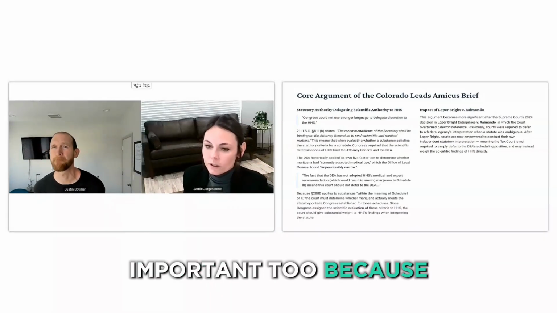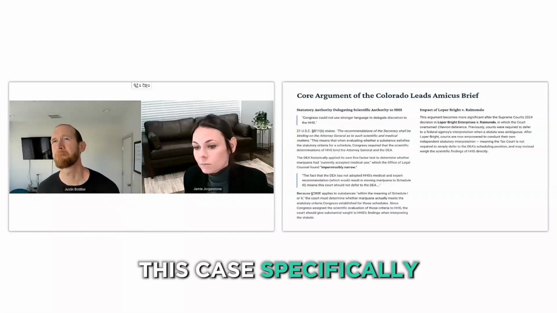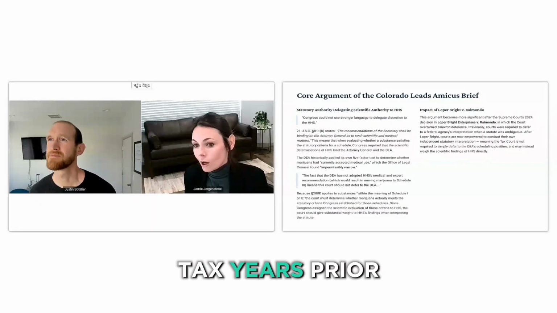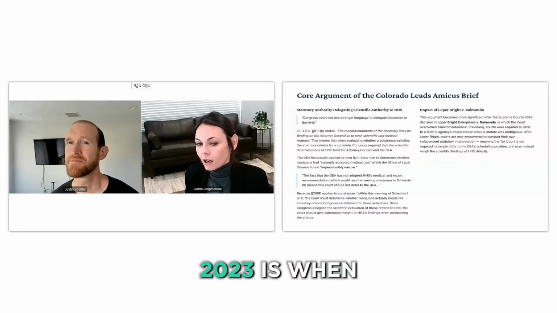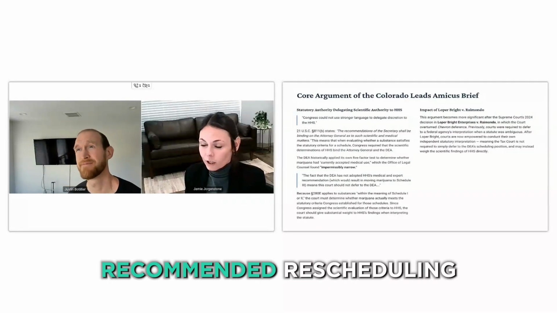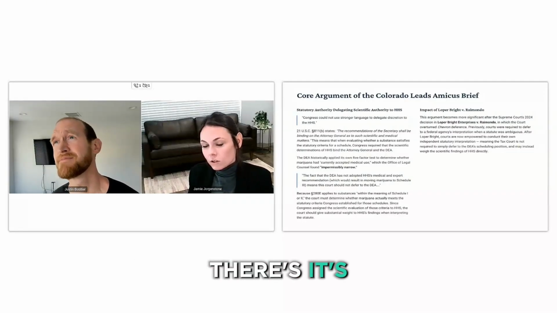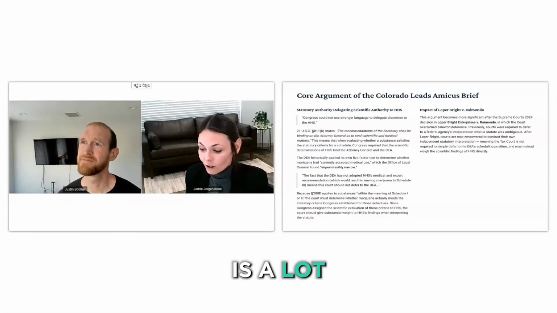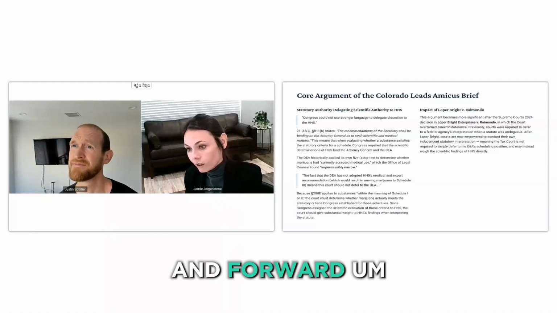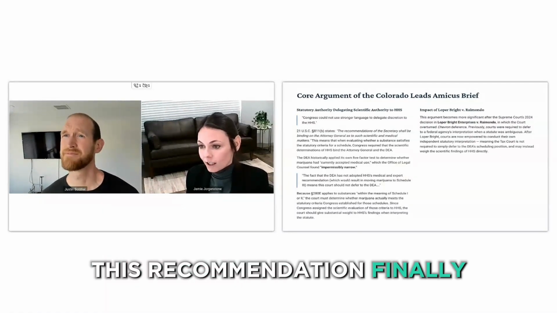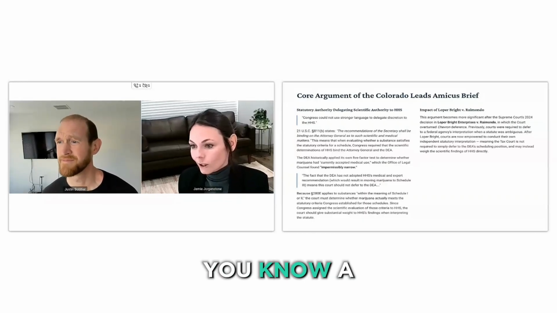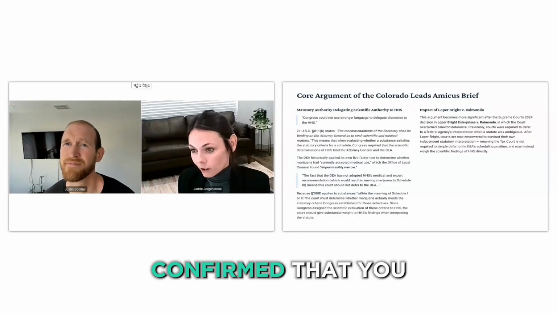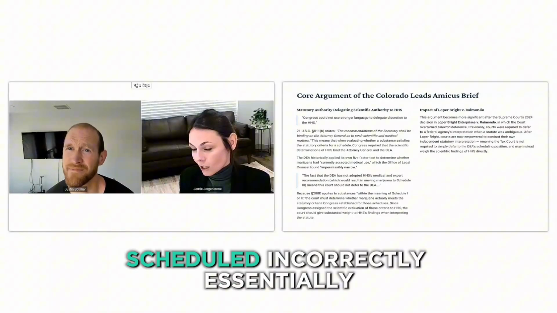That point's really important, because in this case specifically, the tax court is being asked to look at tax years prior to 2023, and 2023 is when the HHS formally recommended rescheduling. It's widely agreed that the argument for not applying 280E is a lot stronger in 2023 and forward, because that's when a part of the federal government itself recommended that this be rescheduled and confirmed that marijuana is scheduled incorrectly.